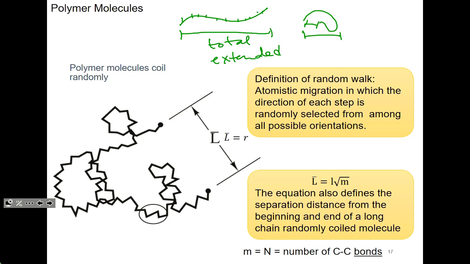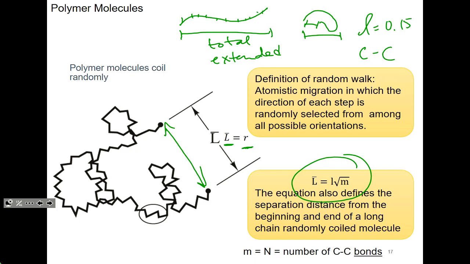So we have a definition, and that definition is when we're talking about end to end like this, in your book they call it R. There's also another representation, it's called L bar, like this, as you can see here. But either way, that is just the number of bonds in your chain, number of carbon-carbon bonds in your chain times l. Little l being, for example, the carbon-carbon bond, which is 0.154 nanometers.